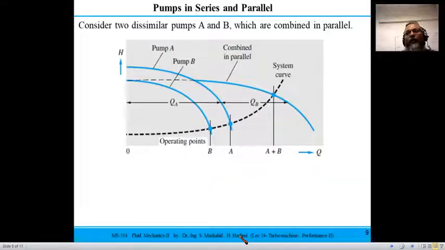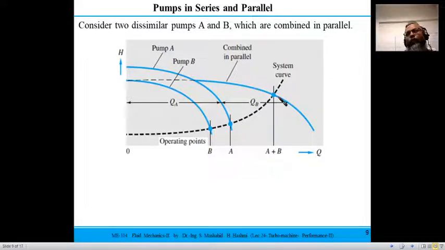If you look at the parallel arrangement, you have a pump A, which is giving you more head and more flow rate. Obviously it would be a bigger size pump, because on the performance curve its impeller diameter would be higher, and this pump B is a smaller pump. If you put them together in a parallel network, then what you are going to get is more flow rate.